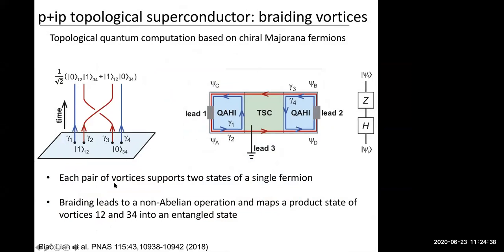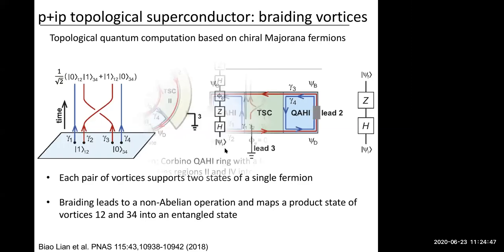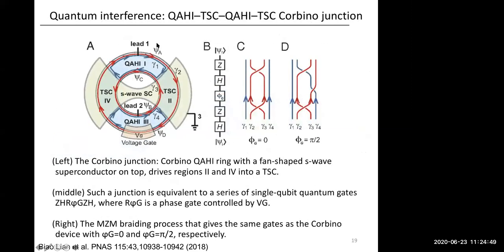One is that you can take these vortices and braid them and do quantum computation in that way. The other geometry was using a quantum anomalous Hall insulator, but the idea is the same, whether you use a topological insulator or a quantum anomalous Hall insulator.